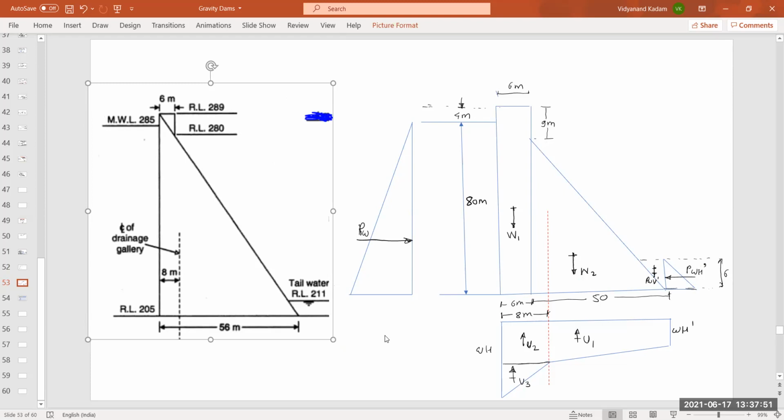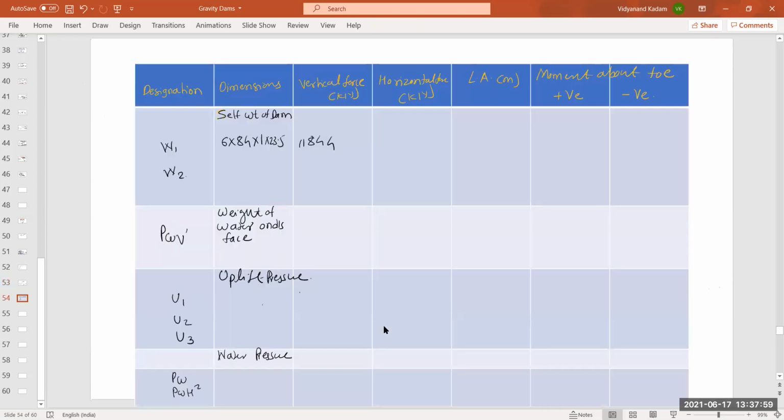So area of this triangle is 1/2 into 50 into 75, into unit length 1 meter and into unit weight of concrete 23.5 kilonewton per meter cube. By solving this, we get 44062.5. These two are vertical forces and they act vertically downward. Vertically downward, we took as positive. That is the sign convention, and vertically upward, negative.